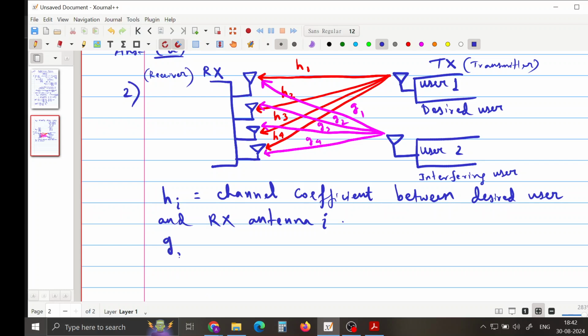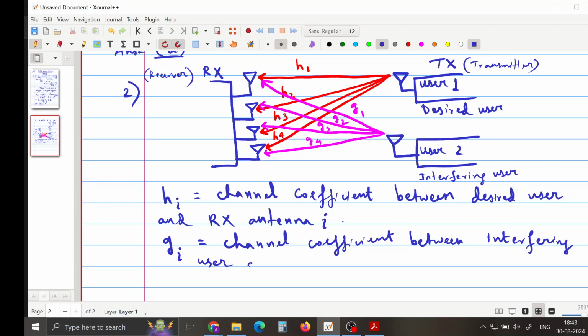And Gi is similarly the channel coefficient between the interfering user, which is user 2 as per our diagram, and receive antenna i.